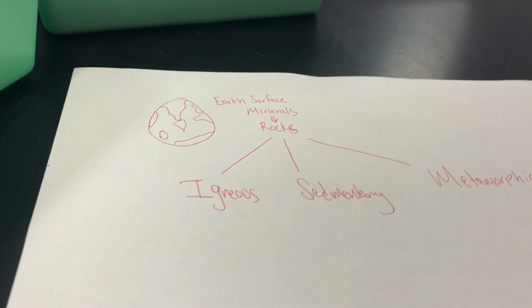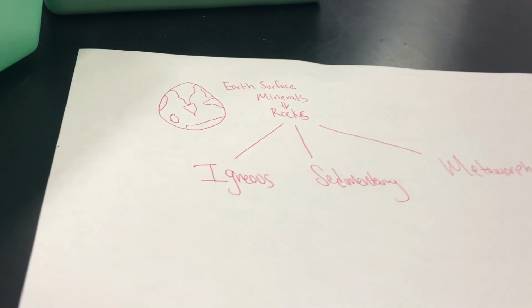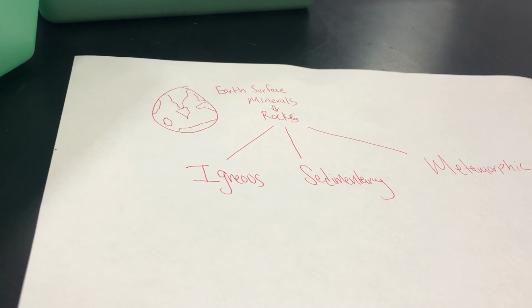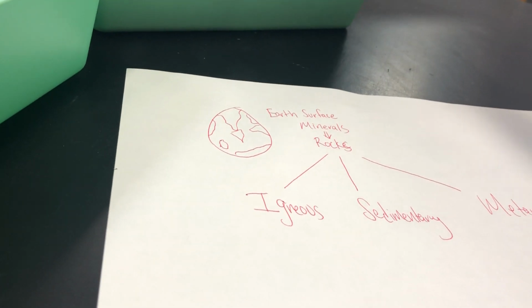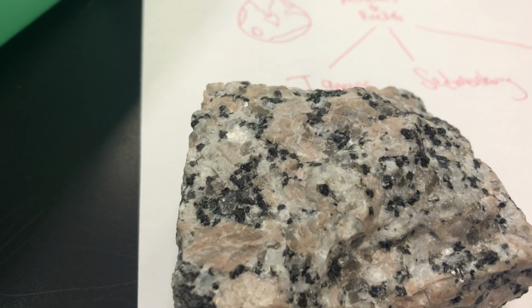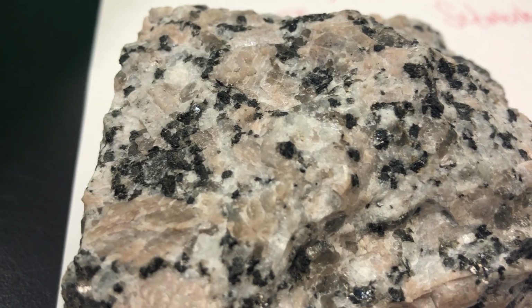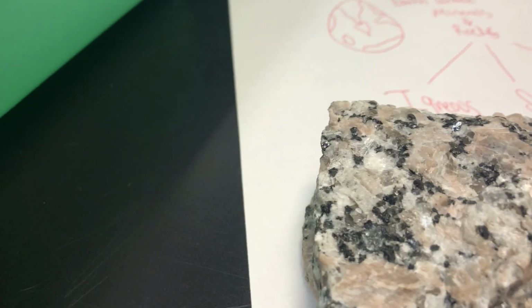Okay. Now, what are the differences between igneous, sedimentary, and metamorphic? Well, let's start with igneous rocks. This is an igneous rock. This is actually granite, and it has crystals in it.